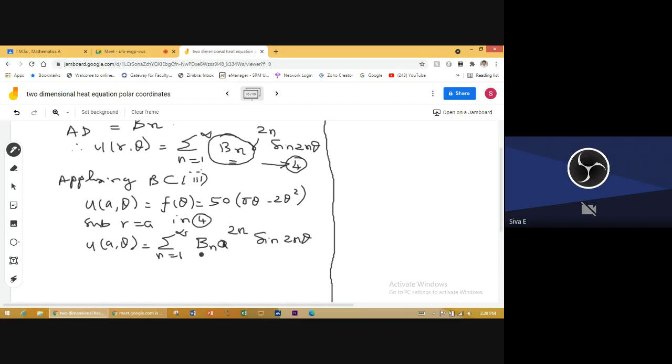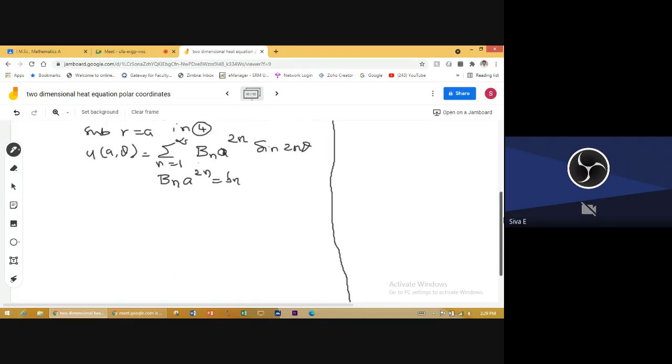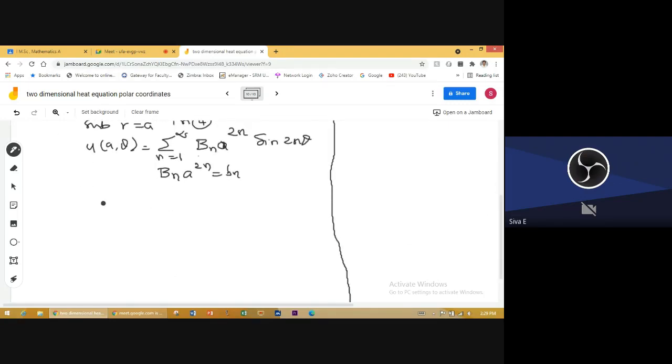We are taking Vn a power 2n as small bn, then this u of a comma theta, that means f of theta, equal to summation of n equal to 1 to infinity bn sin 2n theta.